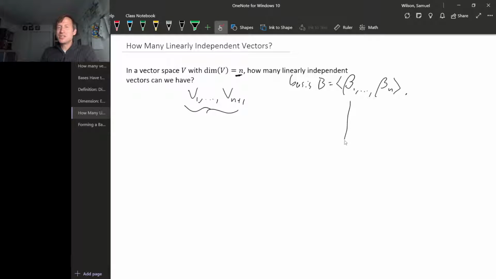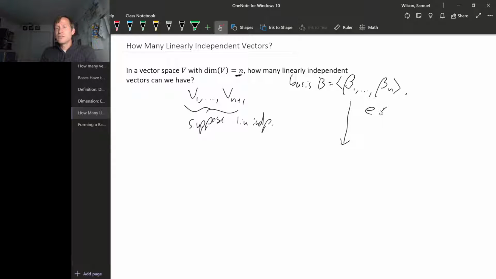Well, what we're going to do is just one by one do the exchange theorem. So let's suppose that these are linearly independent.